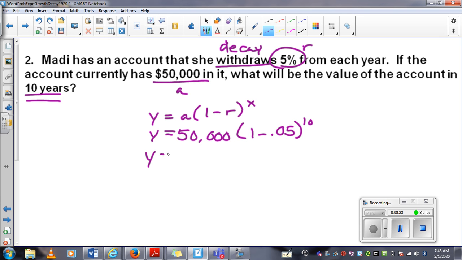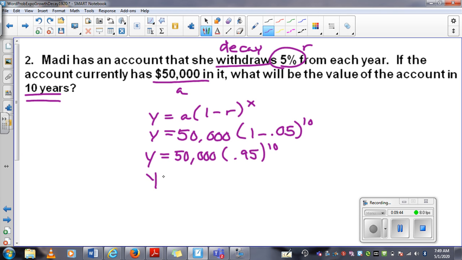So the equation is y is equal to 50,000 times 0.95 to the 10th power. What this means is 5% actually decays, but 95% actually remains.